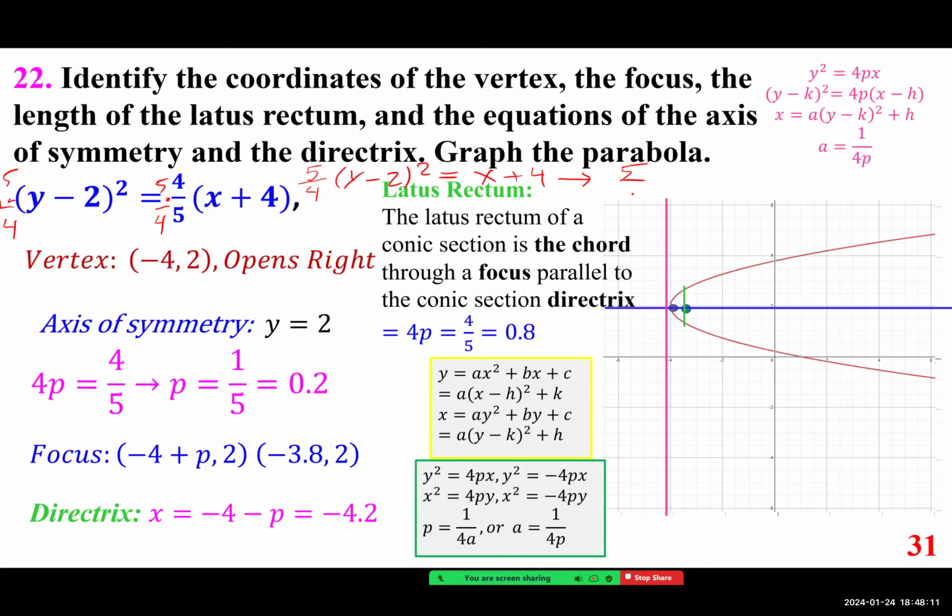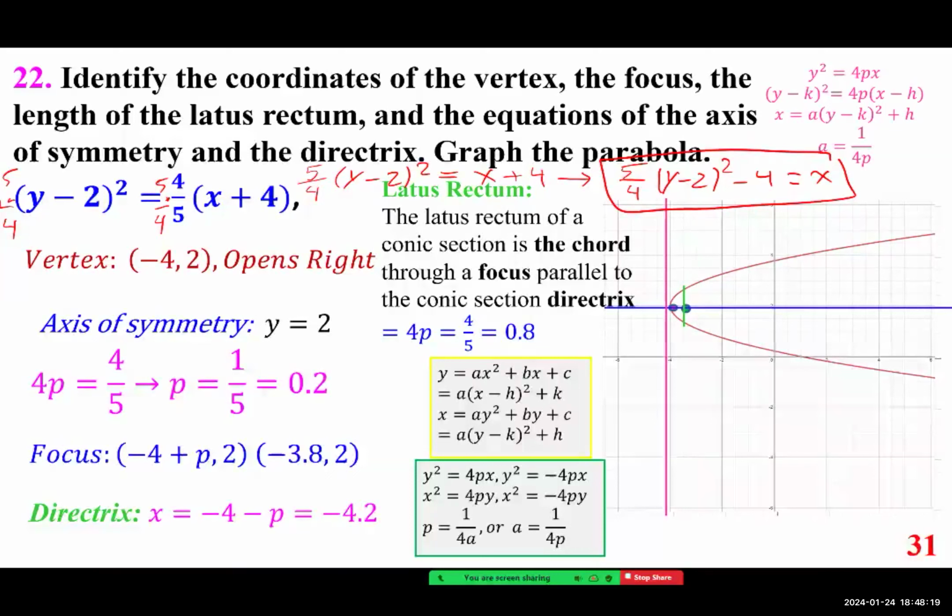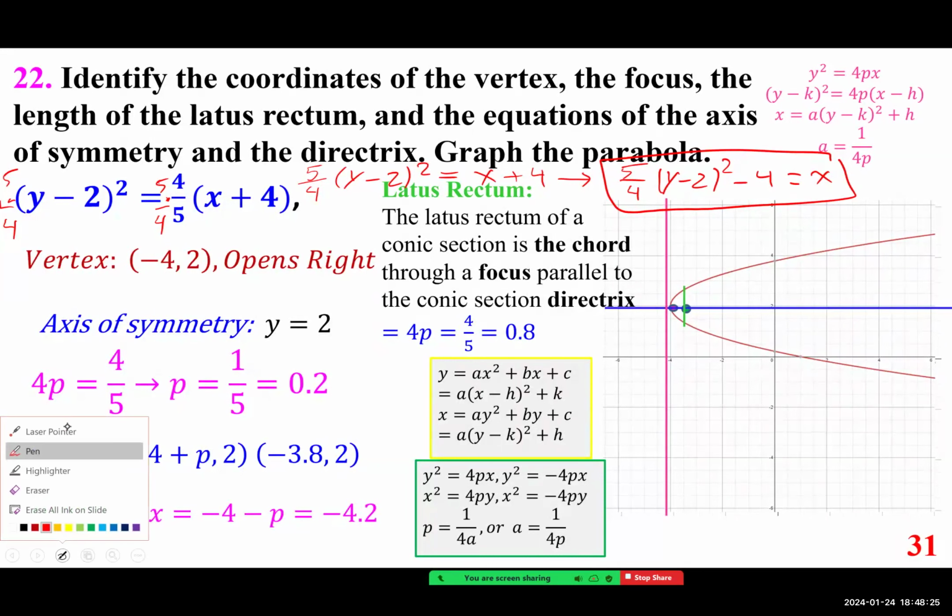Therefore, 5/4 times y minus 2 squared minus 4 equals x. If you are more comfortable using that, that's fine. But understand how we calculate the p, the focal distance, okay?